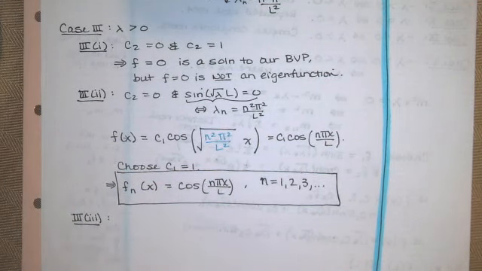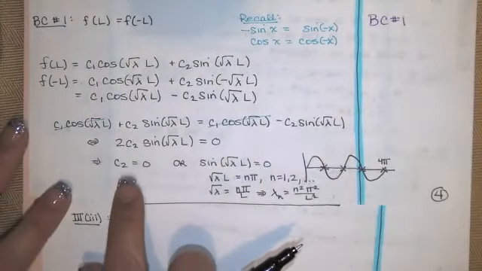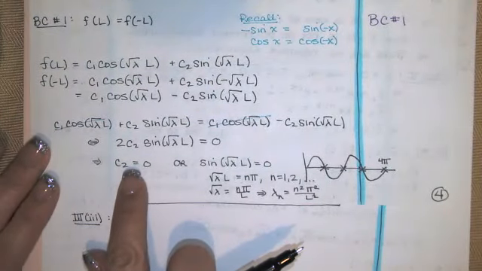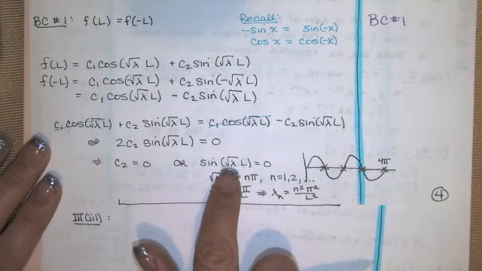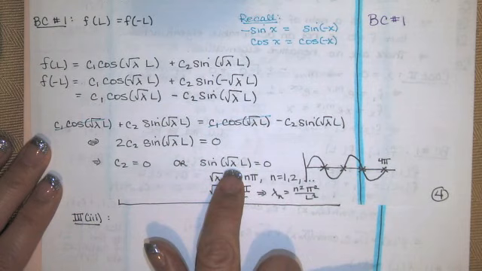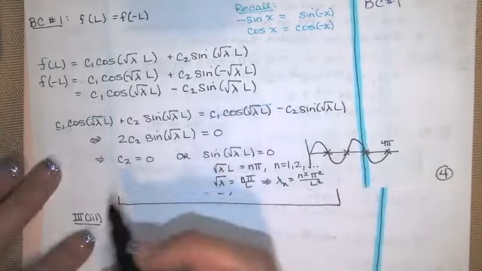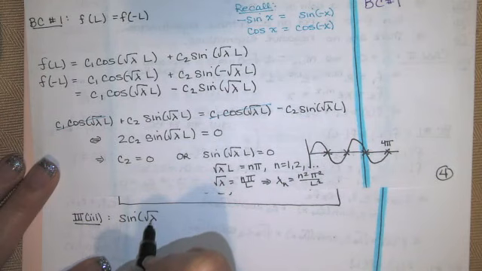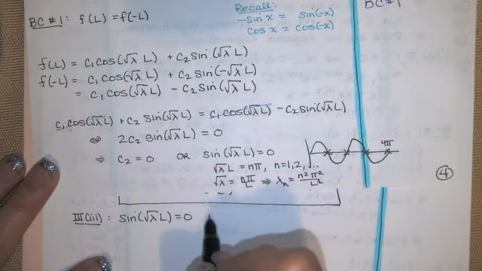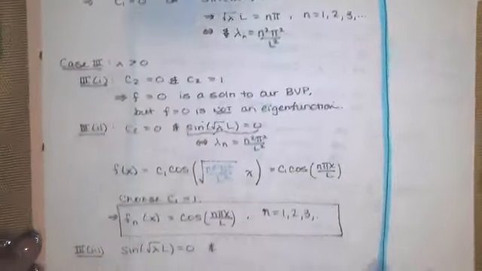Now the third possibility is this. We might have C2, rather than having C2 equals 0 here, we could have sine of square root of lambda L equals 0 from the first boundary condition. And from the second boundary condition, we might have that C1 is equal to 0.